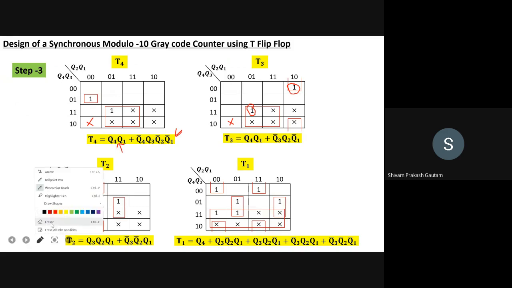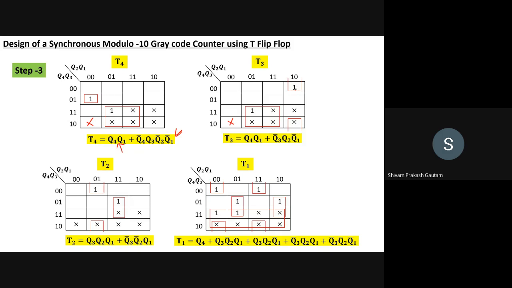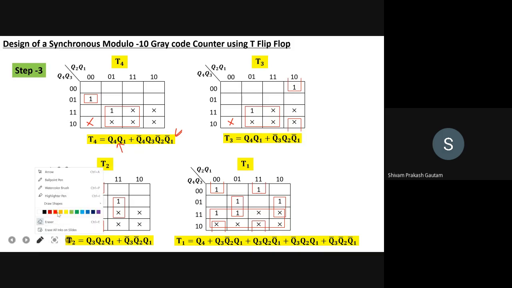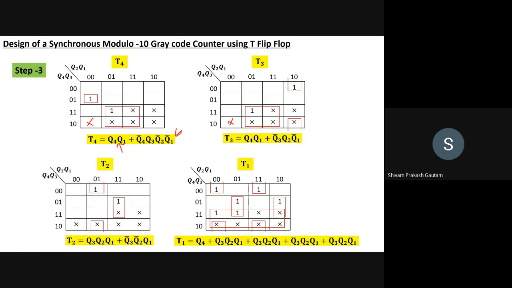Now when we have put all of them, now we have to group it. So this don't care will not make any difference because these two will be grouped, right? If we are having don't care here, then we could have grouped them in a quad, but right now there is no other way but to group these two cells, right? So we have grouped in this way.